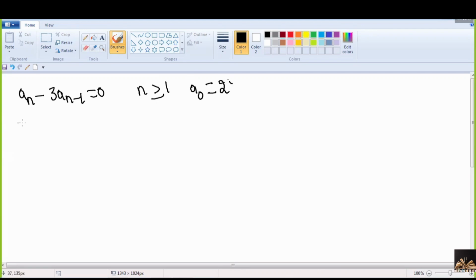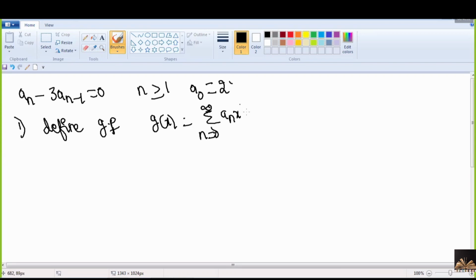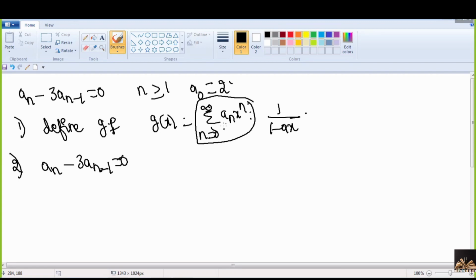First step is to define the generating function. Always the first step is to define the generating function. G of x equal to summation of n equal to 0 to infinity an into x power n, which is equal to 1 by 1 minus ax. Now the second step is to consider your recurrence relation an minus 3an minus 1 equal to 0. You need to rewrite this recurrence relation to get the form of summation an into x power n.